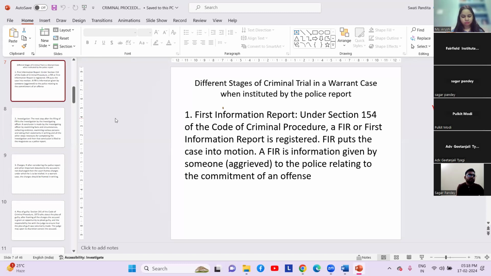The filing of FIR and investigation is a long process. Sometimes it takes so much time that it will be like 1 year. There are police stations where if an offense has been registered by way of an FIR, police can still be investigating even if it was filed 1 year before.